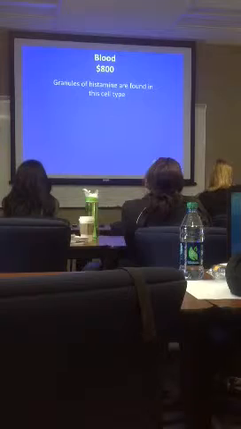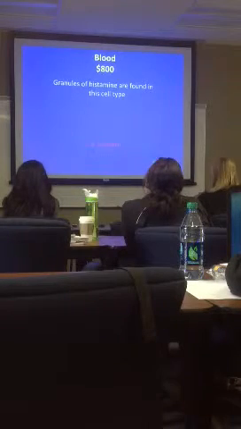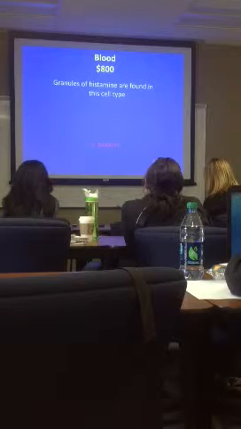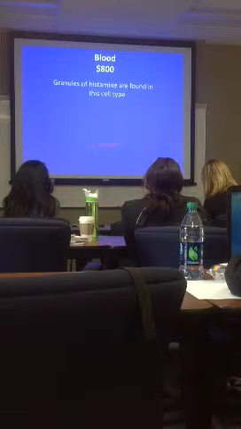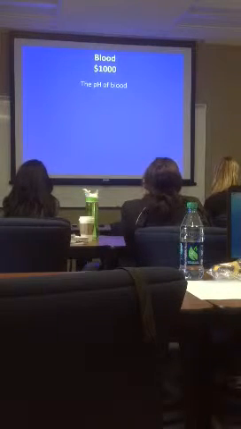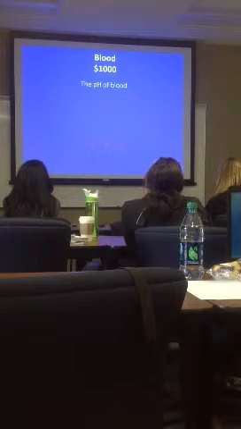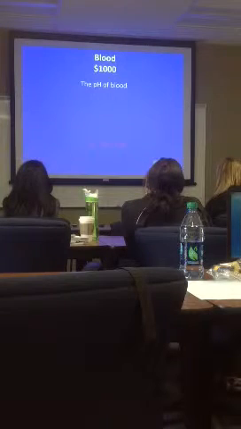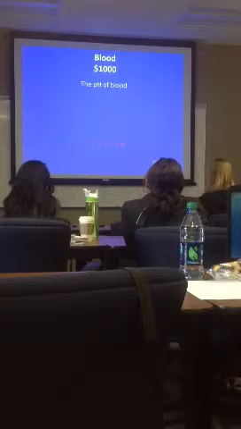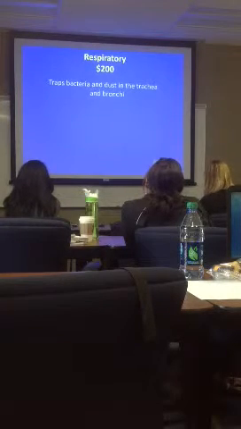Granules of histamine are found in basophils, and what do those do? Vasodilation, or they're also a chemoattractant for other white blood cells. pH of typical blood, very tightly regulated at 7.35 to 7.45. Why is that significant? Because carbon dioxide makes blood more acidic and therefore regulates respiration.